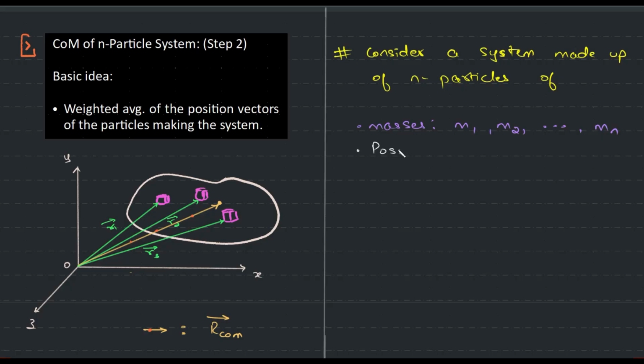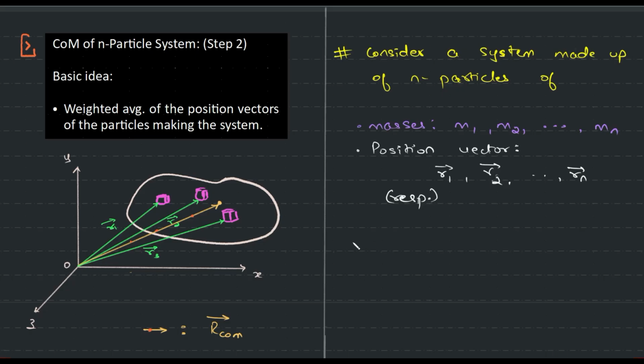And position vector of r1. So each has its own position vector, rn respectively. Okay.